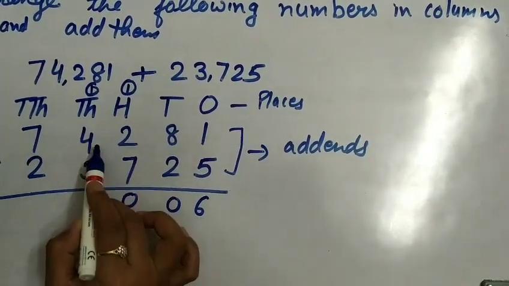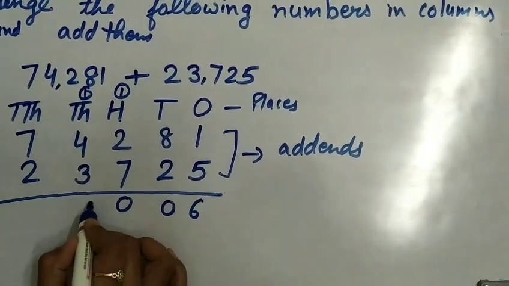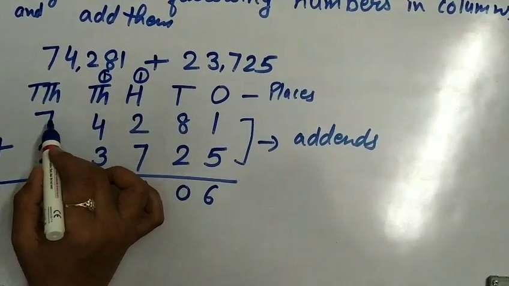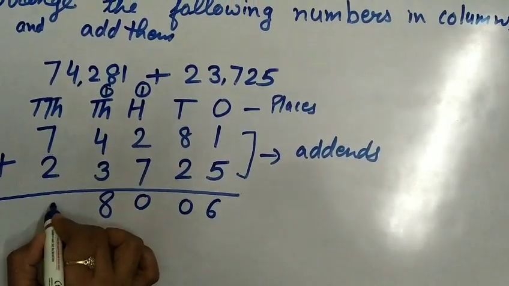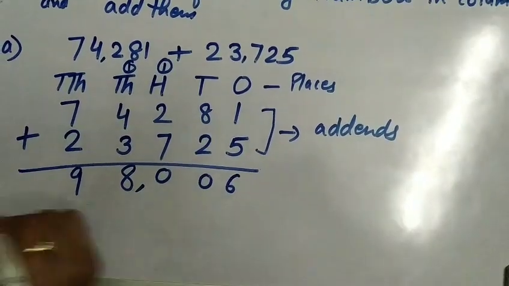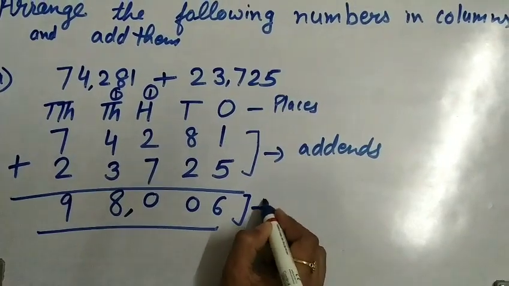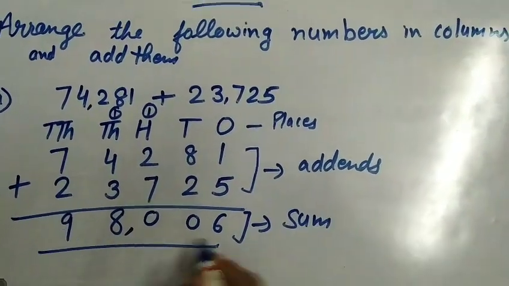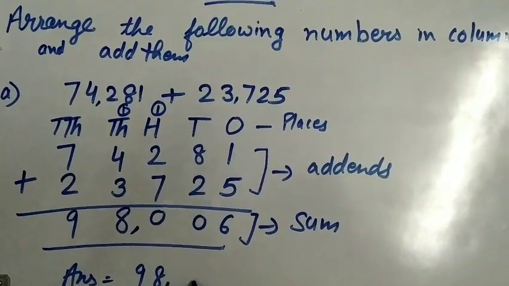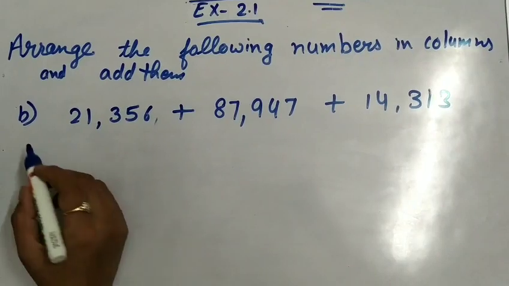Then 1 and 4, 5. 5 and 3, 8. And now 7 and 2, 9. Ones, tens, hundreds, thousands, 10,000. This number is called the sum, and your answer is 98,006.